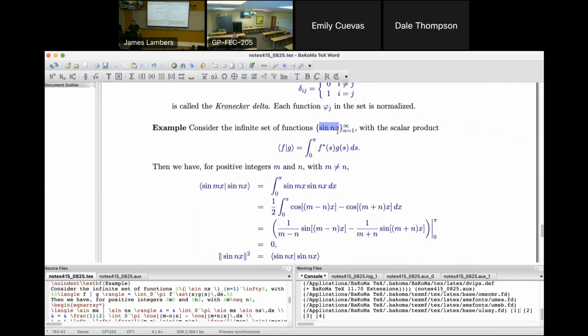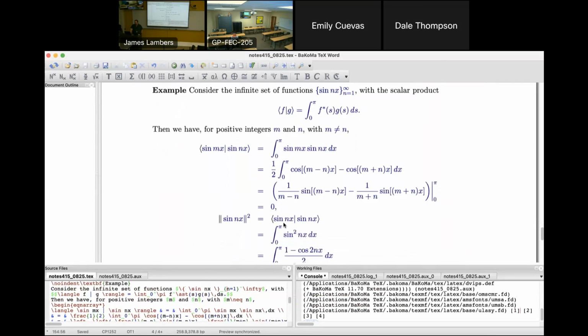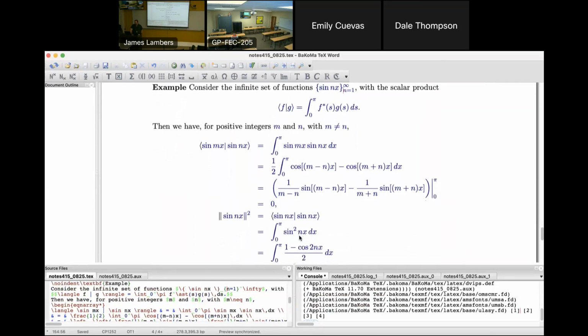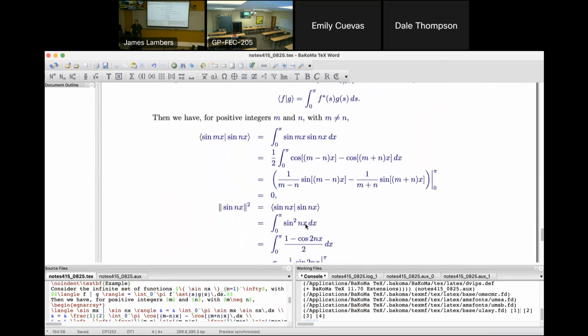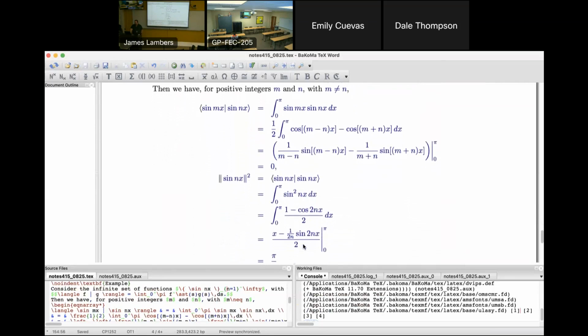In other words, these functions form an orthogonal basis for the Hilbert space. But what if you want to normalize them? In that case, you need to compute the scalar product of each one of these with itself. So here's the integral you get in this case. Here you use a different trig identity, called a half angle identity, to be able to integrate that.